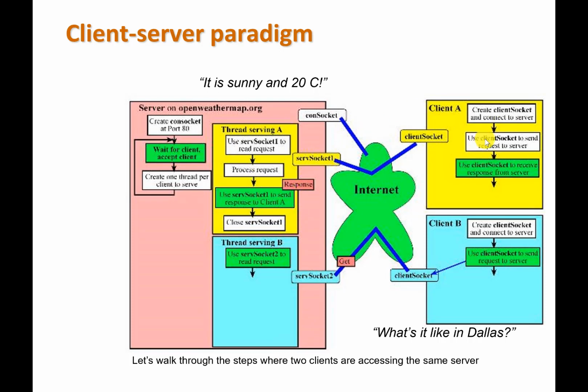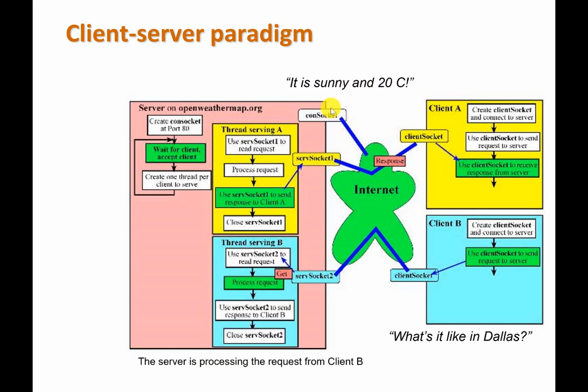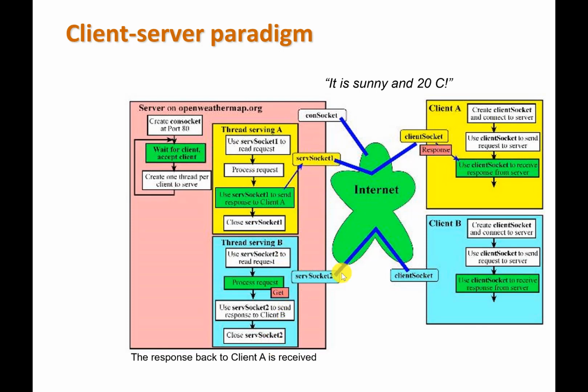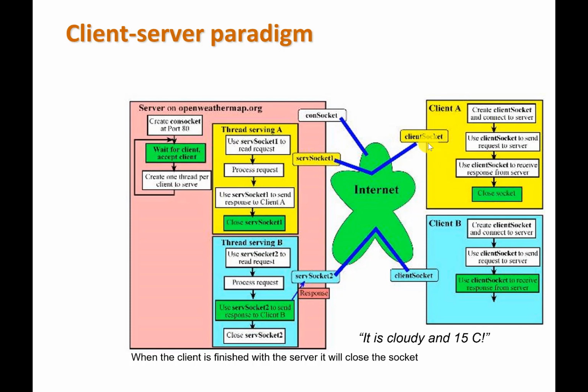Every time you send a GET TCP packet, you're going to get a TCP response. That's sunny and 20 degrees. Once that response gets back to client A, the red is the TCP packet, this response is processed, and then it will close this socket.